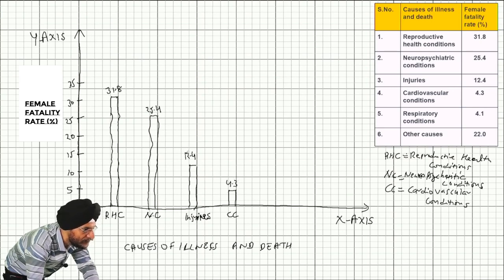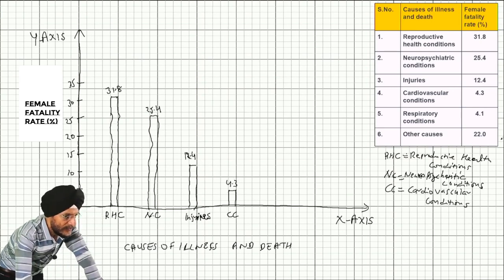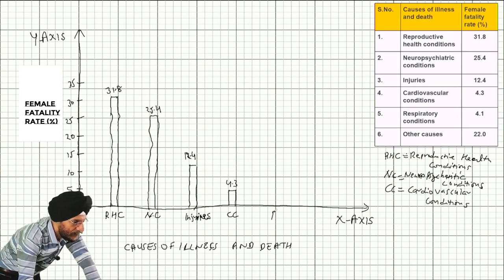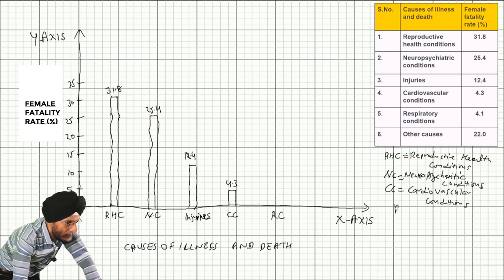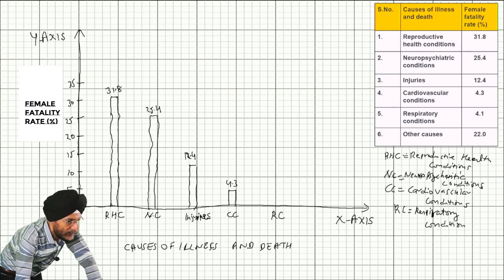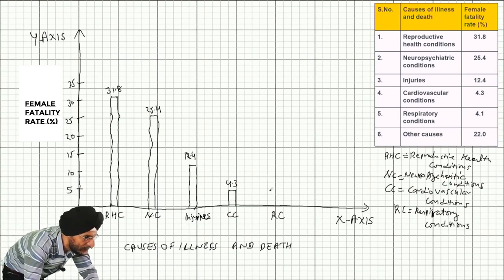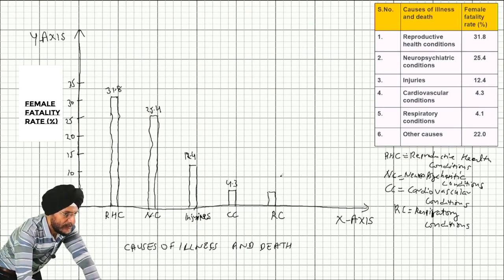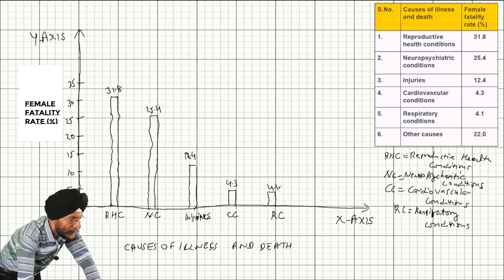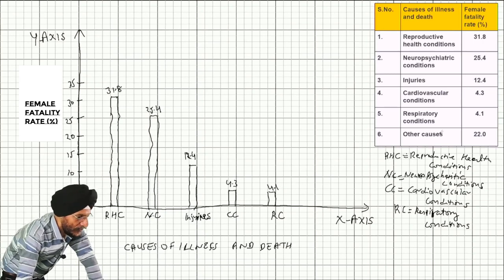Next is respiratory conditions. This is 4.1. This will be somewhat near it. This is respiratory conditions. This will be 4.1. Next is other causes. These are 22.